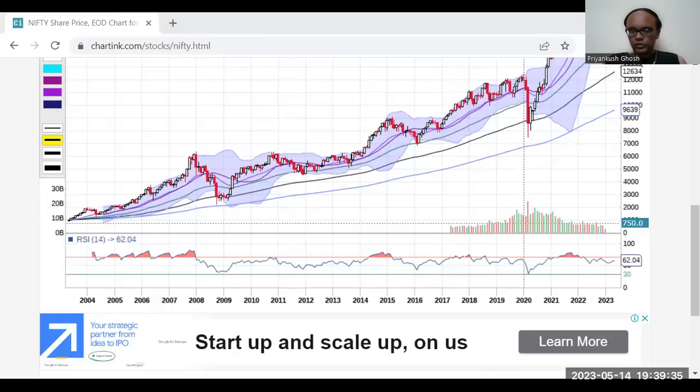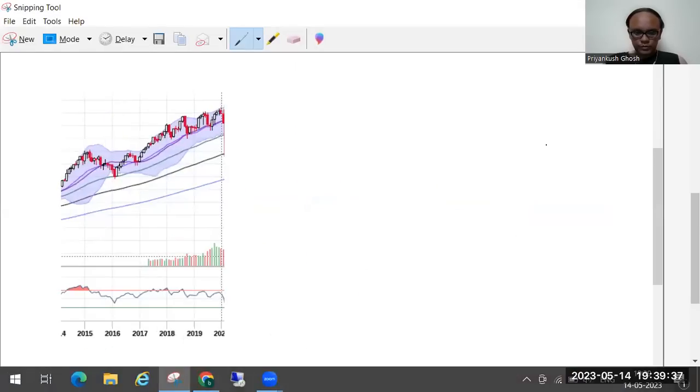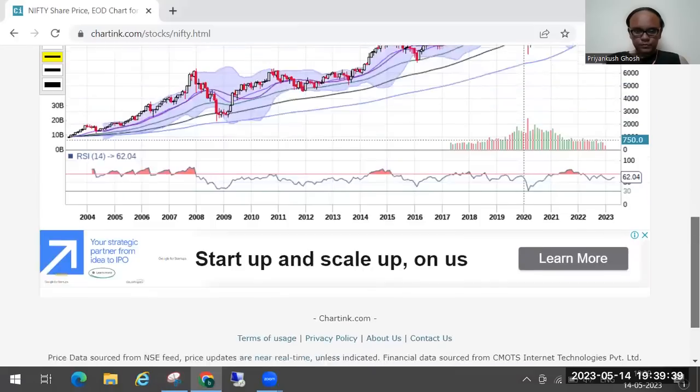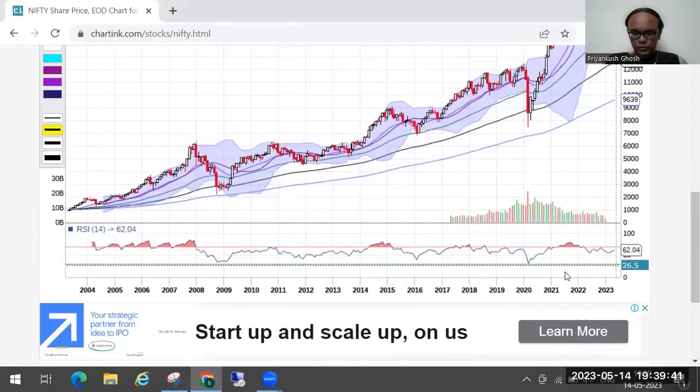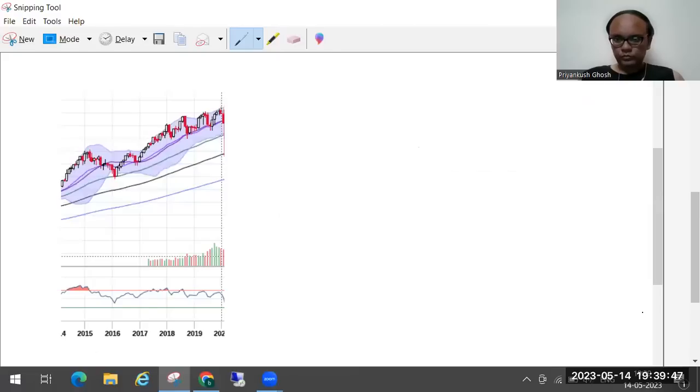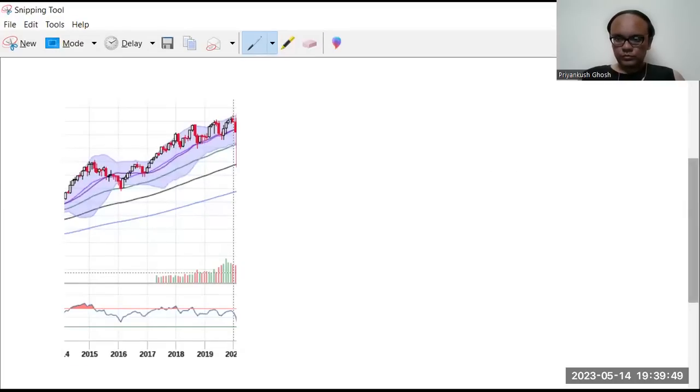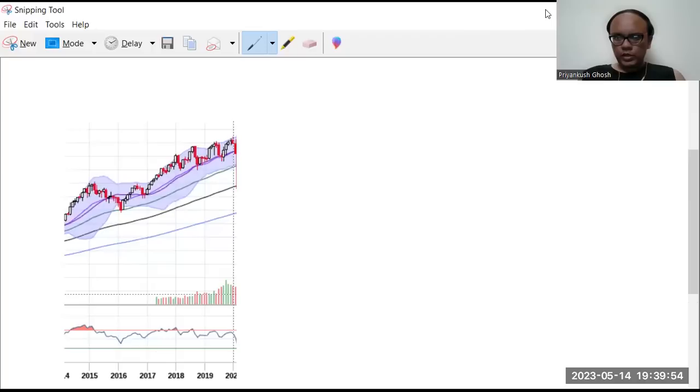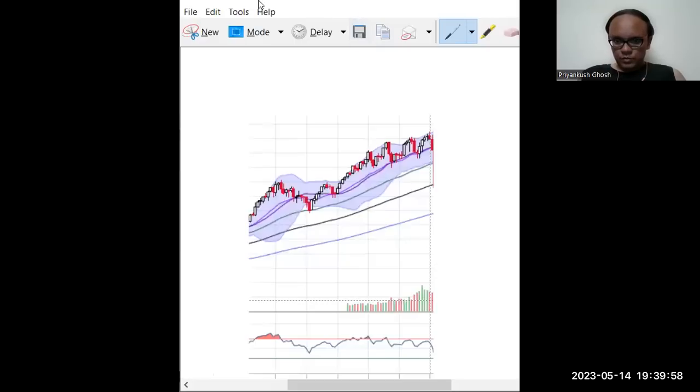I think you're able to see this. I think people are able to see the snipping tool.